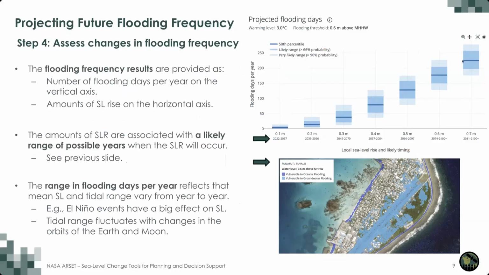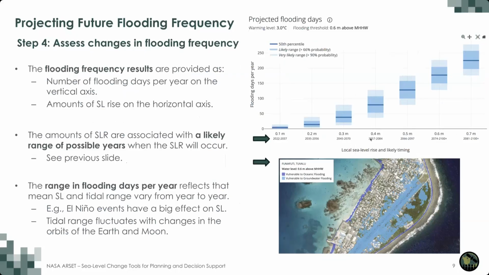And then you get a graph that looks like this. We have flooding days per year on the y-axis. You can see it goes from 0 days per year all the way to 365 days per year, way up at the top if you wanted to scroll up that high. You've got amounts of sea level rise, and you've got a range of years by which that could occur.